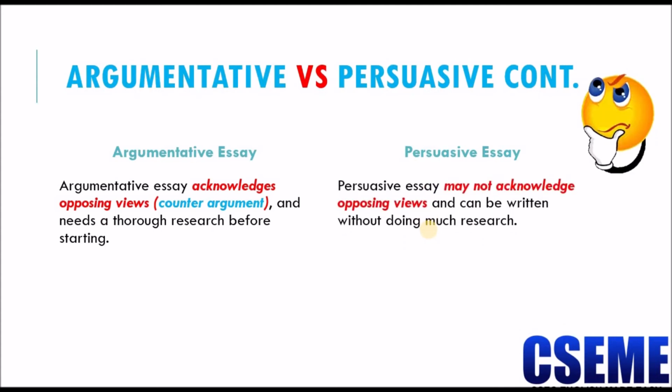Next, for persuasive writing, you may not acknowledge opposing views. Whereas in the argumentative essay, you acknowledge the opposing views and try to strike down the counter argument, in your persuasive essay, you don't have to do that.